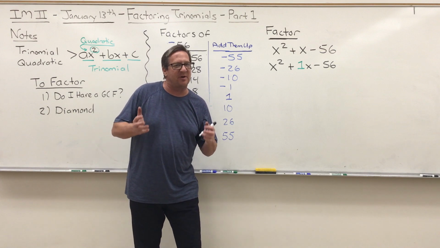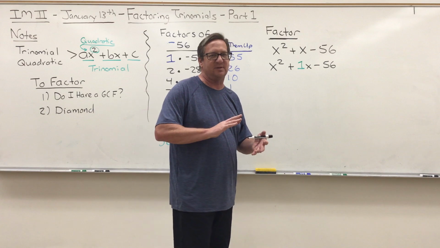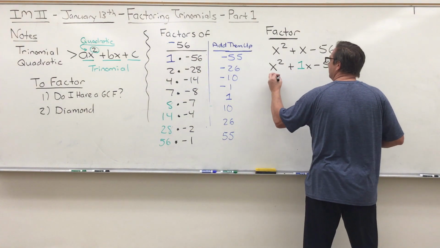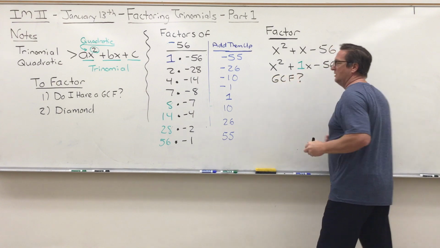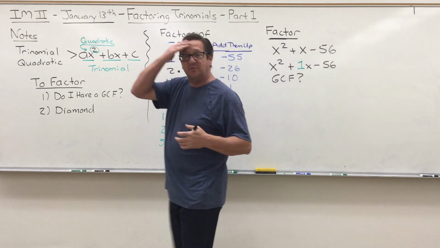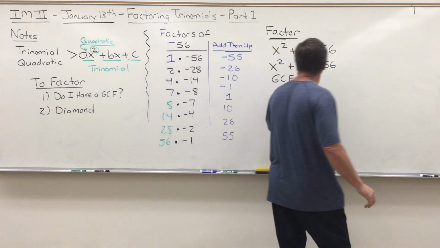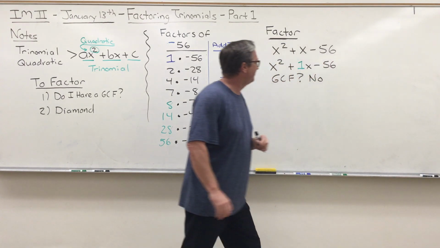Remember, I want you to ask the question every time. The answer is going to be no on this first assignment, at least partially. But every time you hear the word factor, I want you to say GCF. Which is a no.